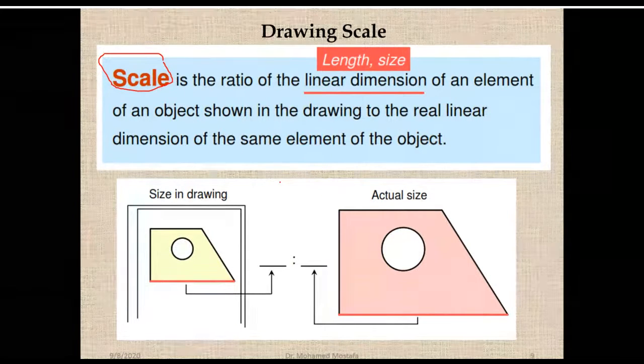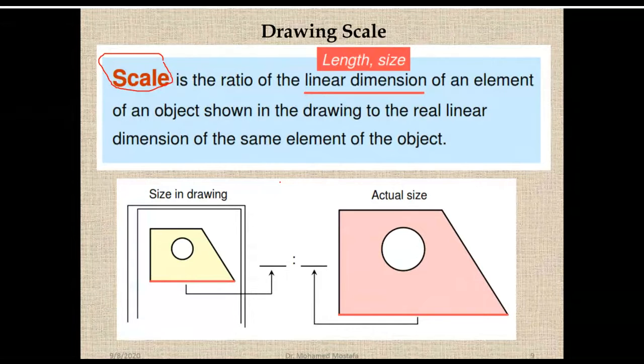The scale, what do I mean by the scale? Scale is the ratio of the linear dimensions of an element of an object shown in the drawing to the real linear dimension of the same element of the object. Let's assume, guys, that you decide to draw, I mean an engineering drawing, of any piece of furniture at your home.